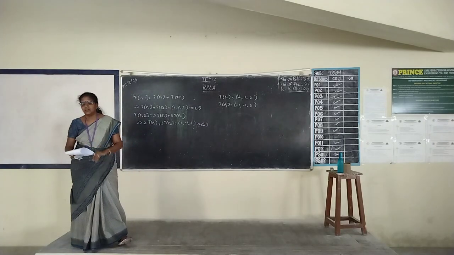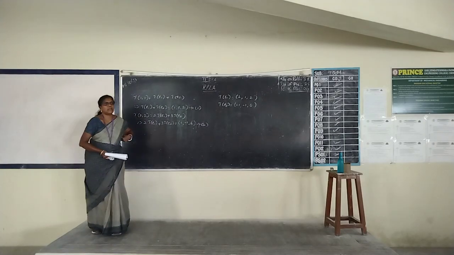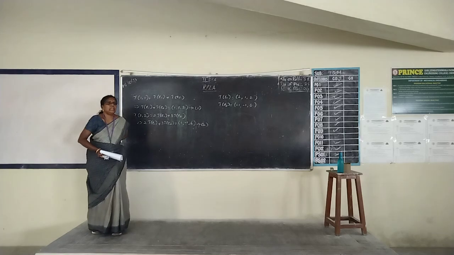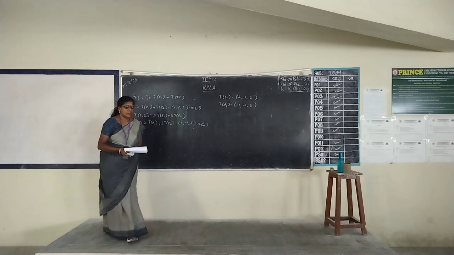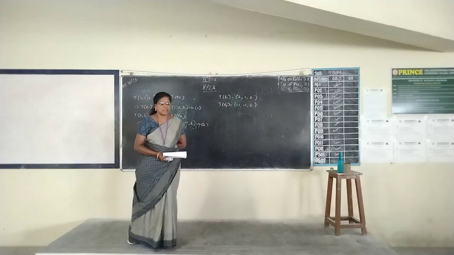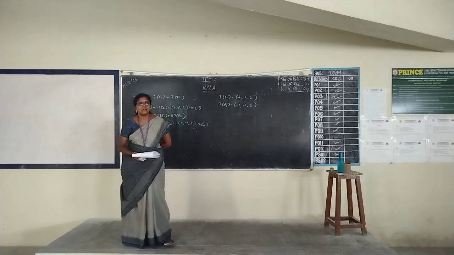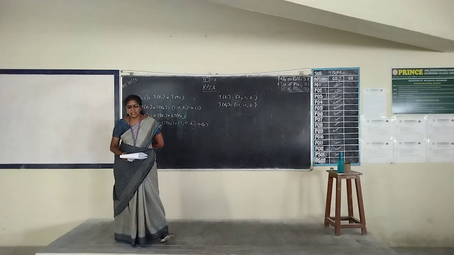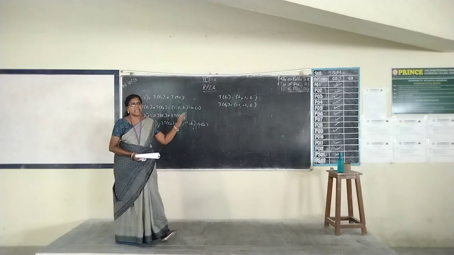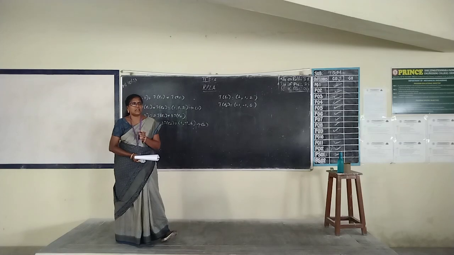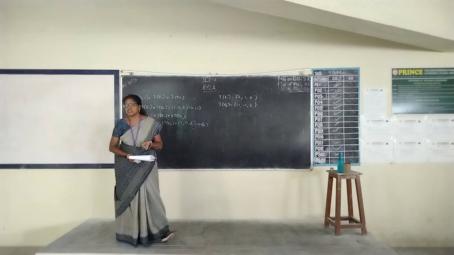So, to find the linear transformation, the same procedure now, but you are going to do it with a generalized variable, because we are going to find a general transformation.